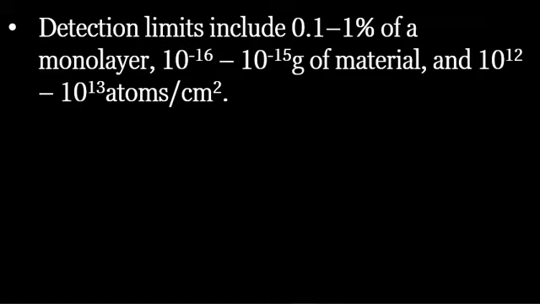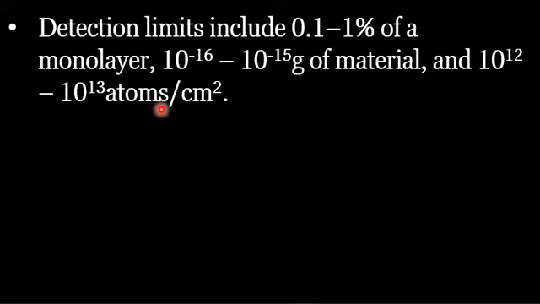Another drawback with Auger electron spectroscopy is the detection limit. Auger electron spectroscopy can detect 0.1 to 1% of a monolayer, and 10 to the power minus 16 to 10 to the power minus 15 gram of material, with a volume of 10 to the power 12 to 10 to the power 13 atoms per centimeter square.